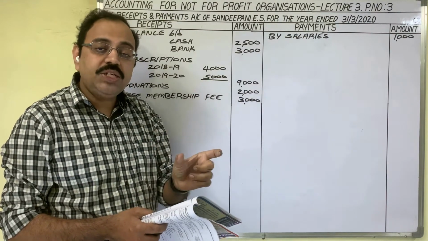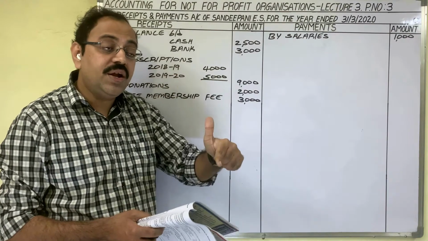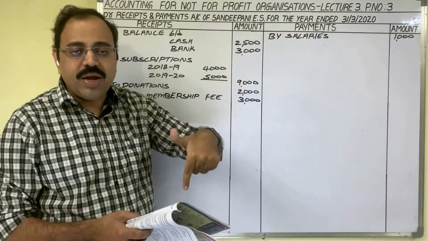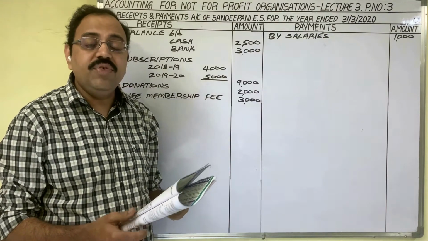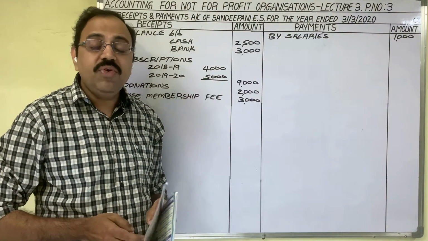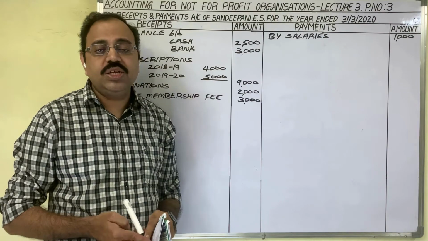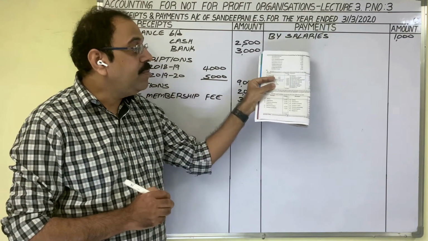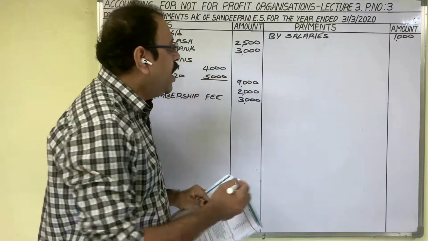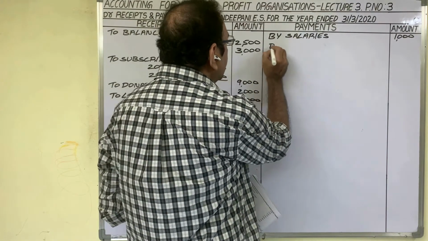That expenditure may belong to last year, current year or next year. It doesn't matter. So next year rent 1,500 we paid in current year. Even though the expenditure belongs to next year, cash is going in current year only. Therefore, under payment side, we have to show this. By rent paid in advance.